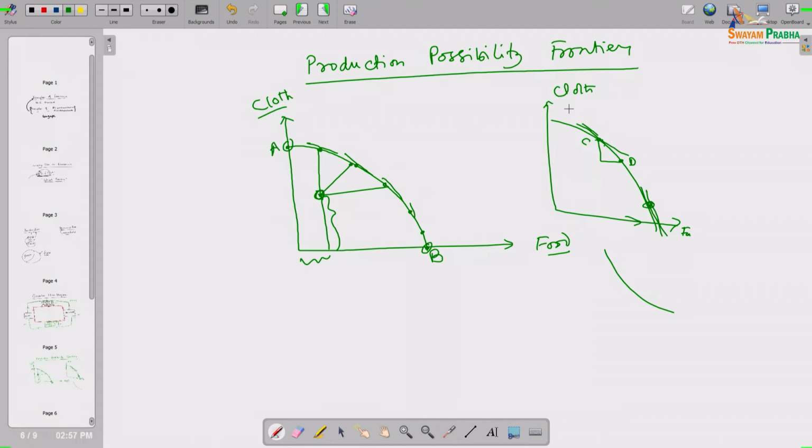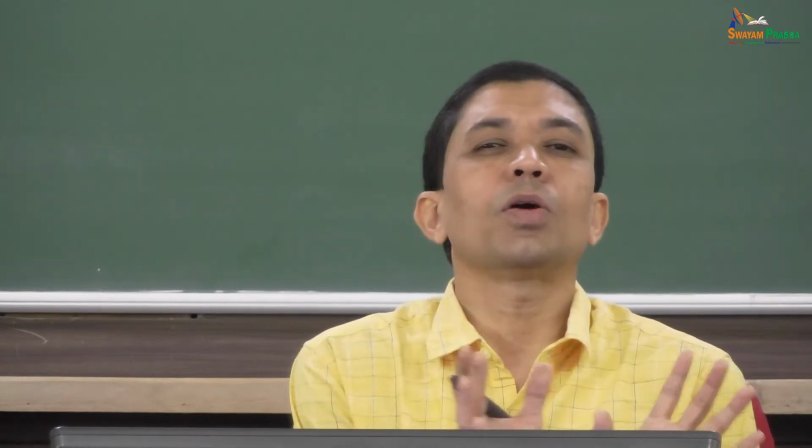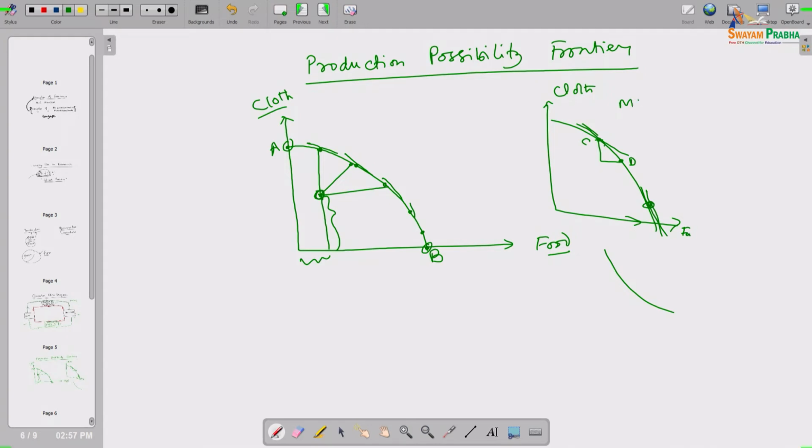What we are doing is reallocating resources so that we get a little more food and a little less cloth. That is why it is called the marginal rate of transformation, although we are not literally transforming cloth into food. The slope of this production possibility frontier is called the MRT, the marginal rate of transformation.